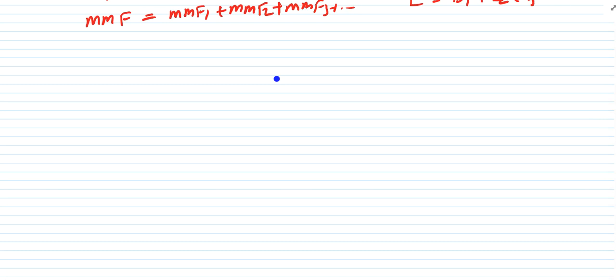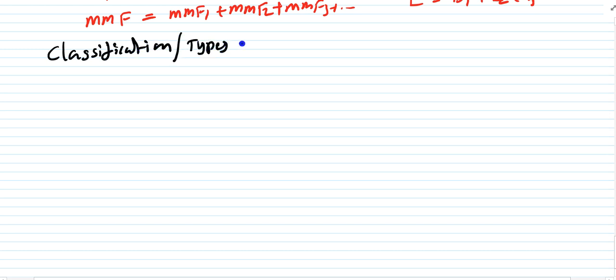Now we'll see another topic: classification or types of magnetic circuits. What are the different classifications we have?